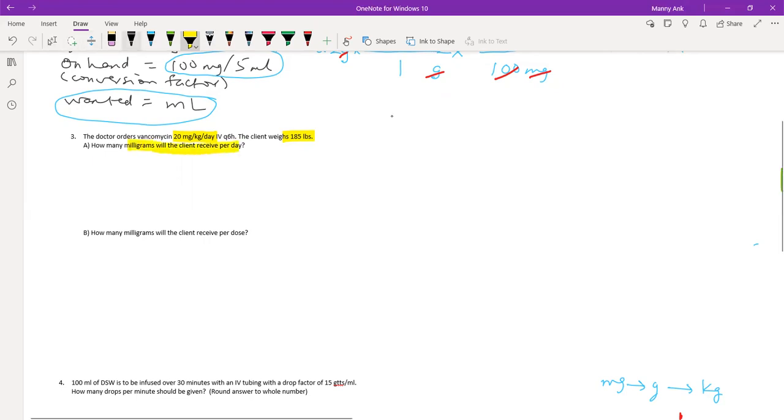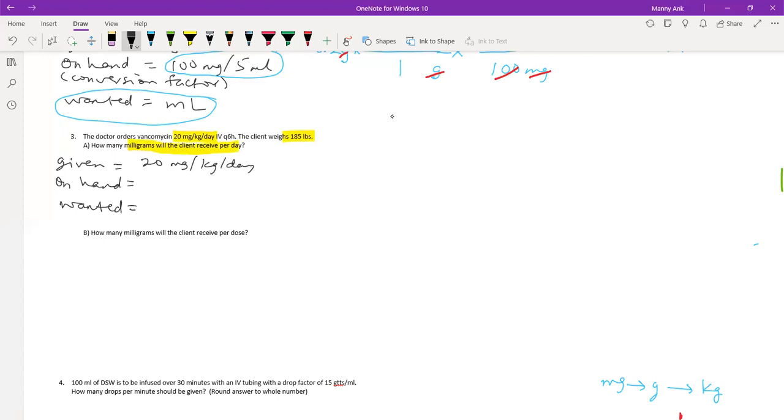So let's summarize this. Remember, you need your given quantity, you need to know your on hand quantity, which is going to be one of the conversion factors, and then you have to identify your wanted, your destination, where you want to get to. So the given is 20 milligrams per kilogram per day.